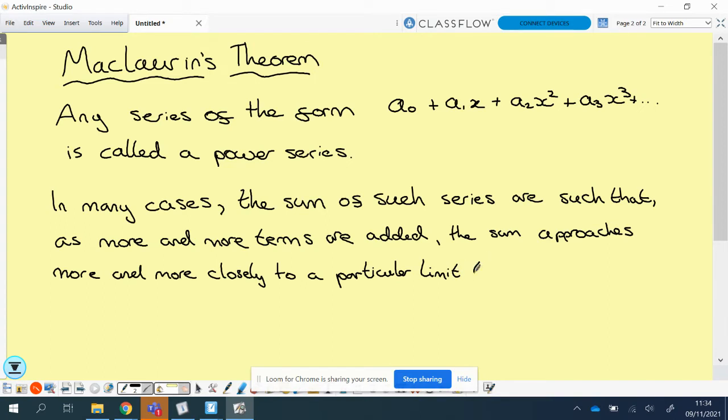Now, in this case, what we mean by that is a single function.